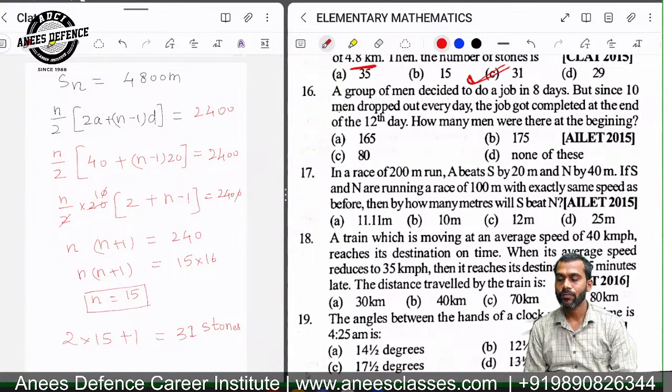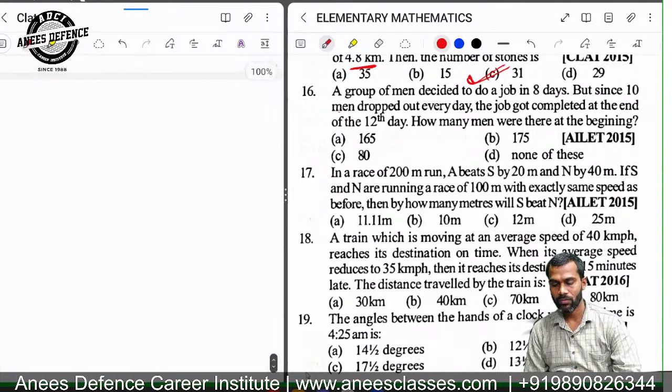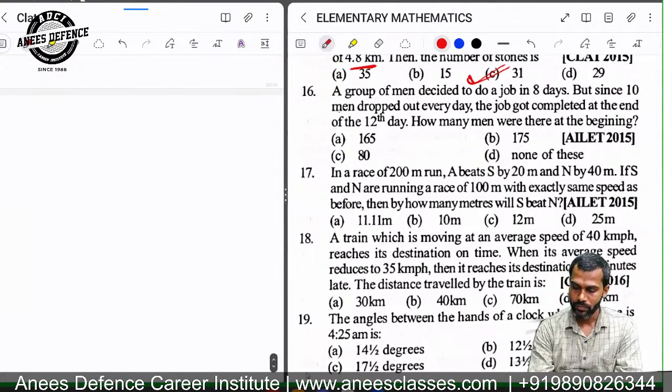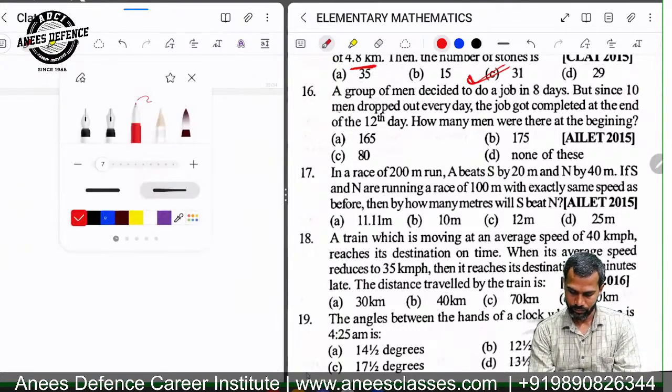Yes or no? So the total work would be 8 into x. So 10 men dropped out every day. Every day. So there will be an AP with common difference minus 10. Yes or no?